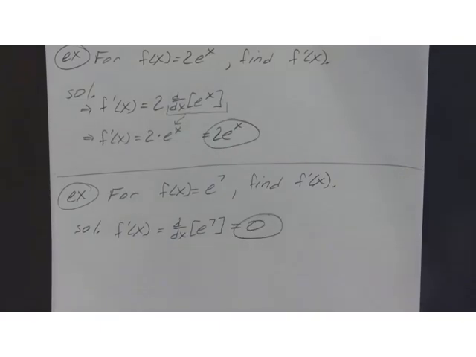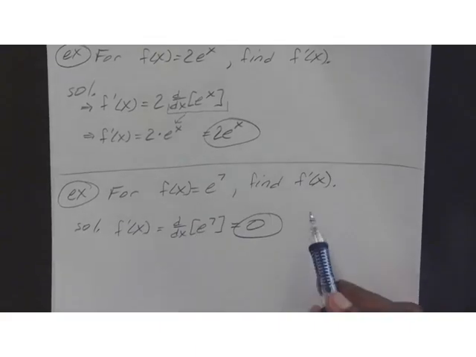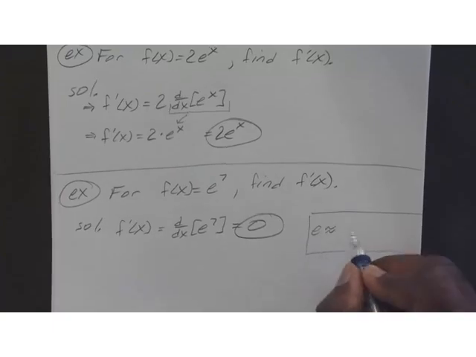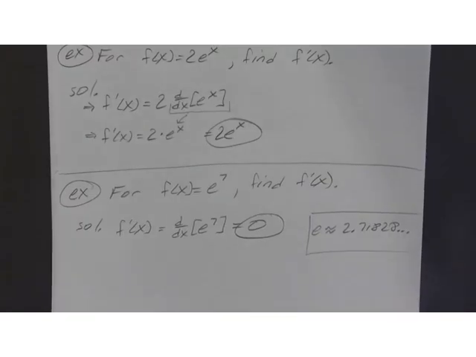Which is 0. And the reason is e is a number, because remember that e is just approximately equal to 2.71828, and it keeps on going and going and going. So it's no different than saying the derivative of 5 to the 7th power. And we know the derivative of a constant is always going to be 0. So first instinct would be to make that e to the 7th power. So you don't want to do that because remember, that's with respect to x, and that's just a constant.